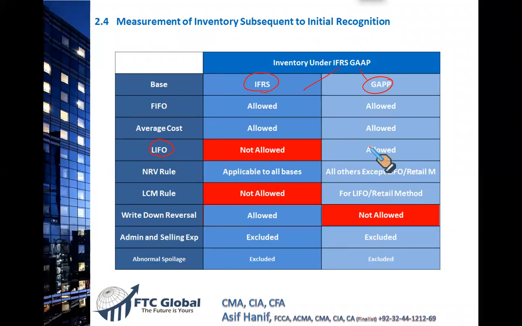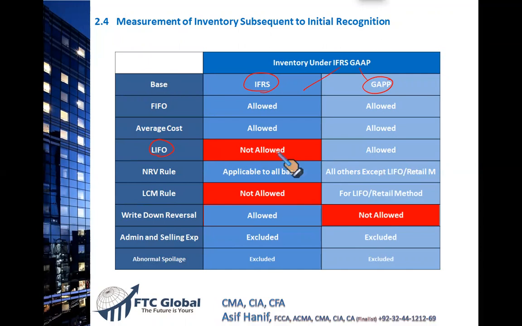So you need to clearly see the information given, whether the accounting regime is IFRS or US GAAP, and then solve the question accordingly. So far, FIFO is allowed under both accounting regimes, average cost under both. Last in, first out is permitted only under US GAAP, not IFRS.